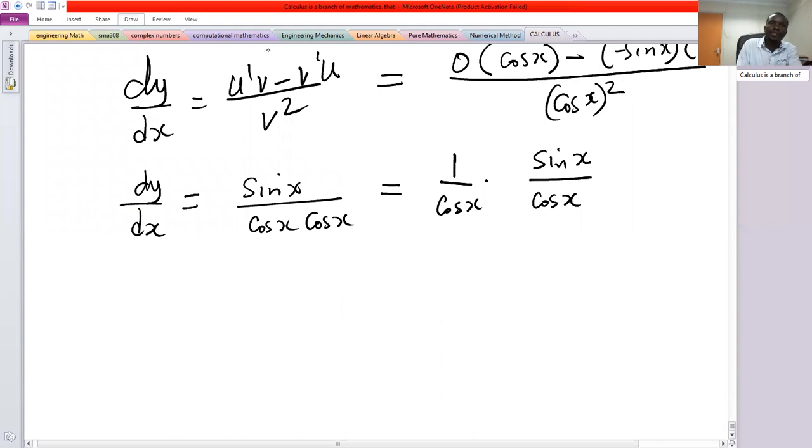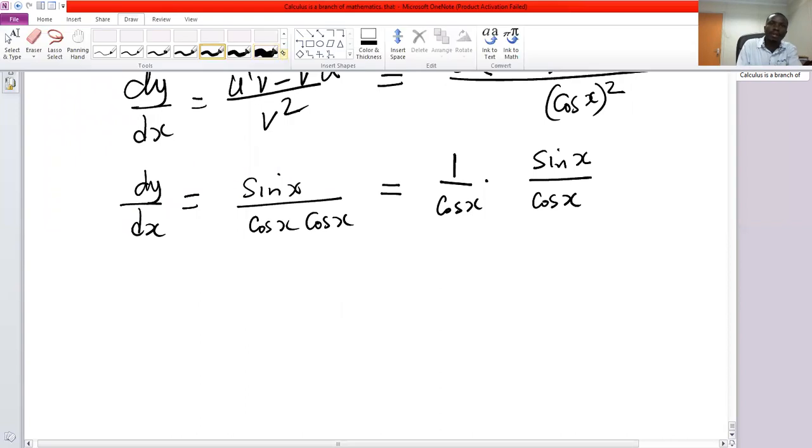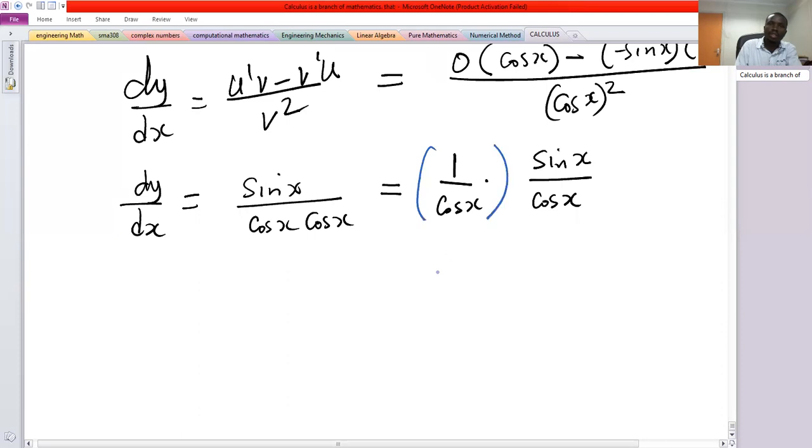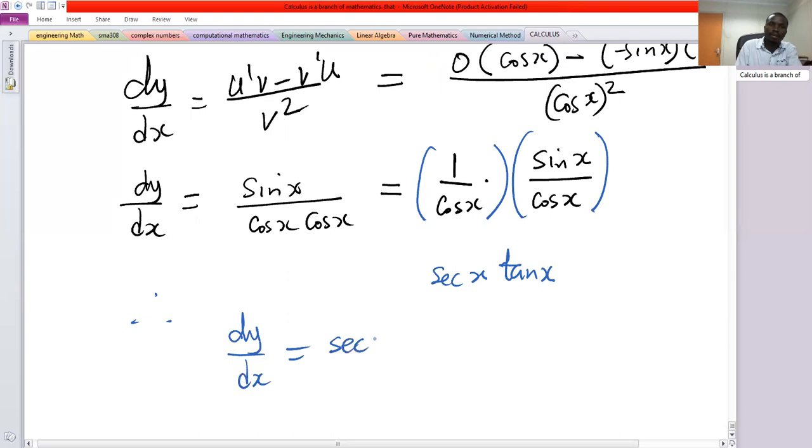And by the definition of this part, 1 over cos is sec, and sine over cos is tan. So therefore, dy dx is sec x times tan x.